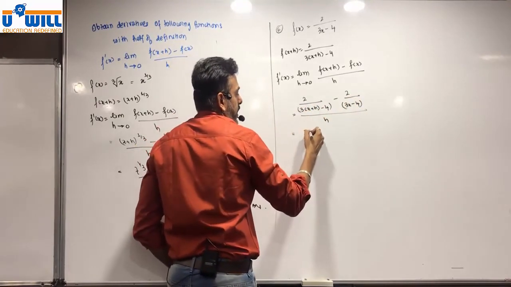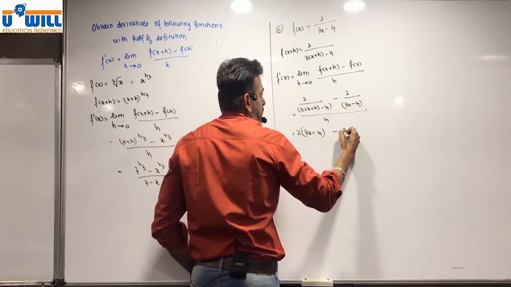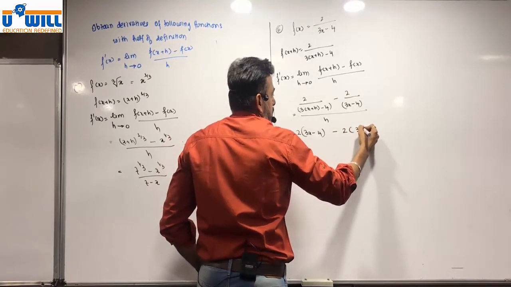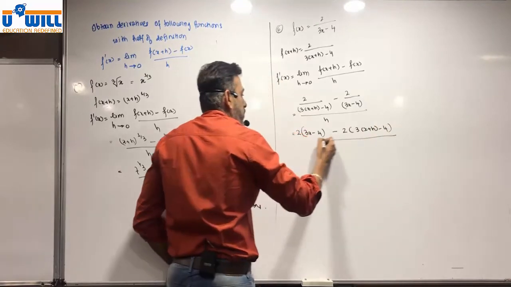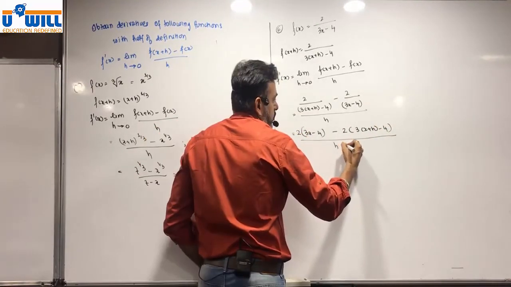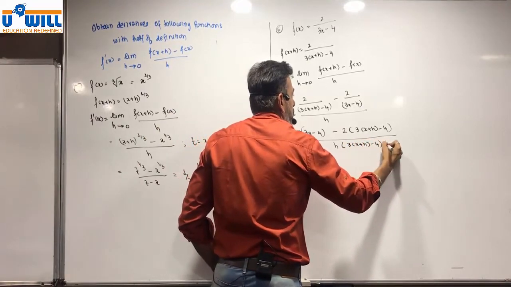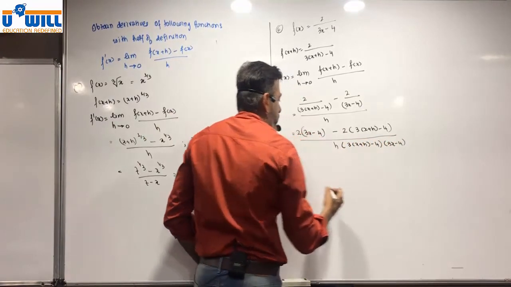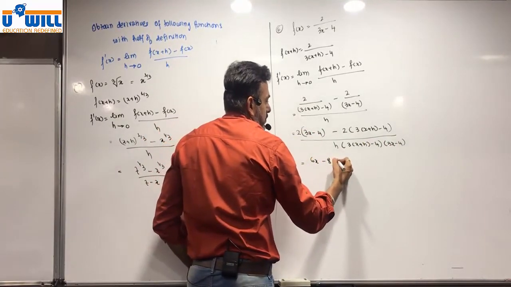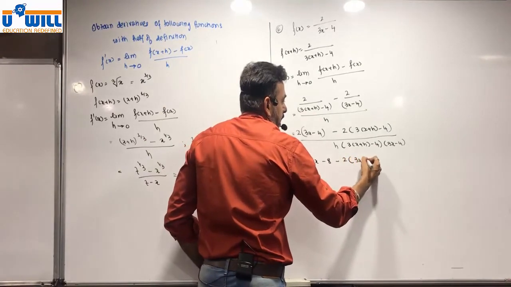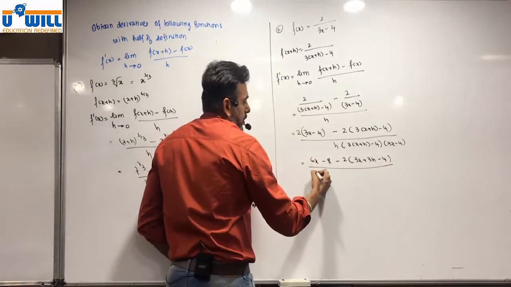Cross multiply: (3x minus 4) into 2 minus 2 into 3 in the bracket (x plus h) minus 4, the whole upon h into (3(x plus h) minus 4) into (3x minus 4), which is equal to 6x minus 8 minus 2(3x plus 3h minus 4) whole upon again h.